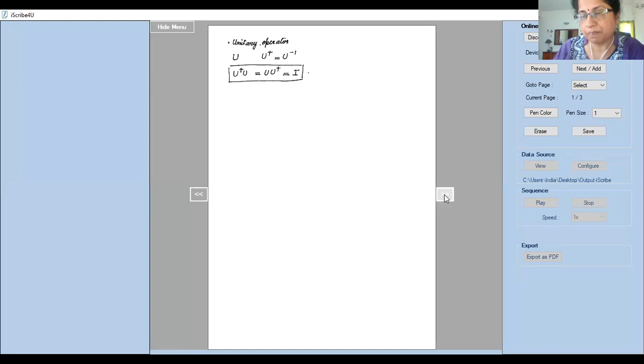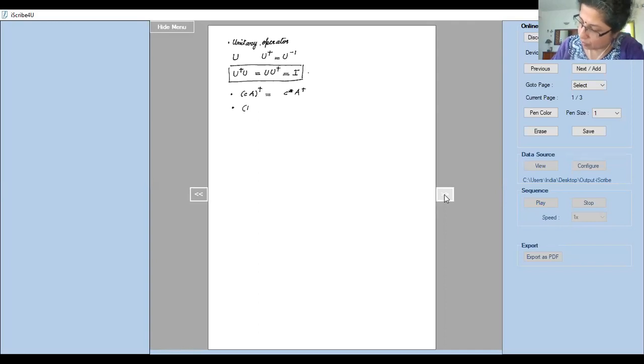We will see why. Also, we learned about some relations with this thing, dagger, and I will just write them down for you. One was, of course, that if you have a scalar times an operator and you try to take the transpose conjugate, what will you get? You will get C star A dagger.